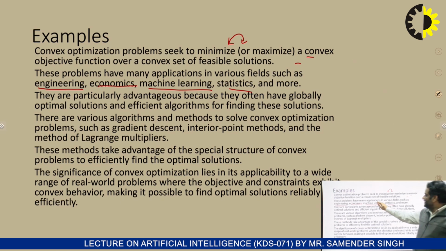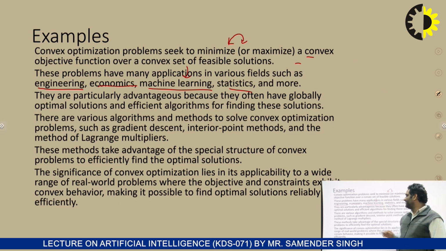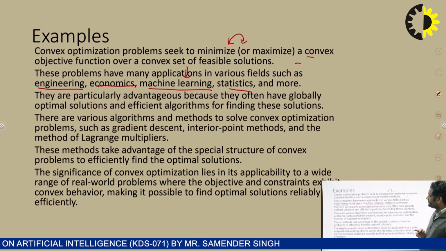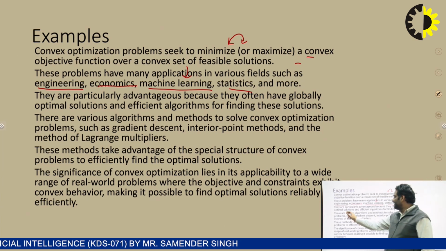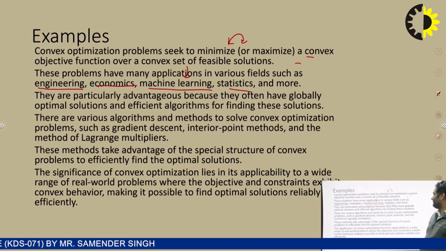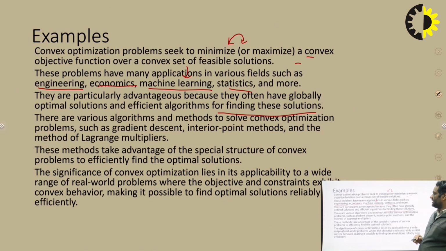Generally in our subjects we use machine learning as an example of convex optimization. They are particularly advantageous because they often have globally optimal solutions and efficient algorithms for finding these solutions. There are various algorithms and methods to solve convex optimization problems, such as gradient descent.